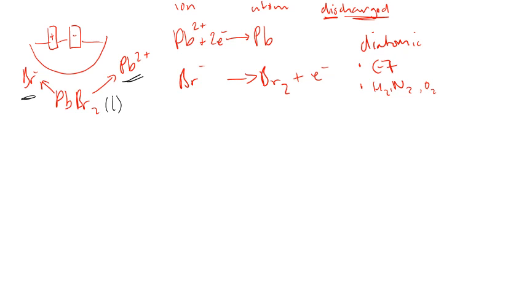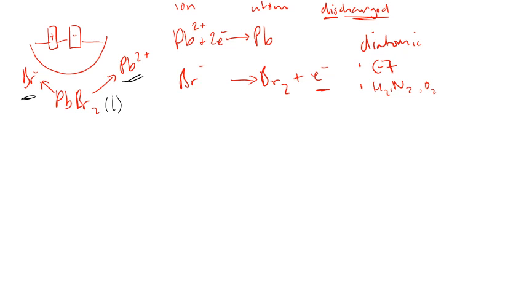So because it's lost an electron, we put the electron on the opposite side of the equation. And if you flip this equation, it will still work. So if you have a Br2 molecule and you added an electron, it will become an ion, a negative ion. So that's how you know that you put the electron on the opposite side.